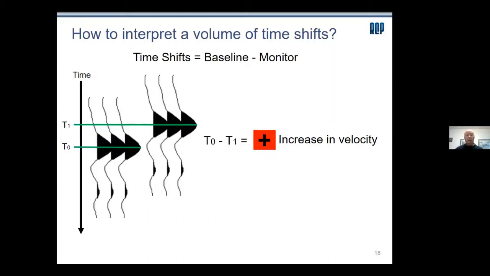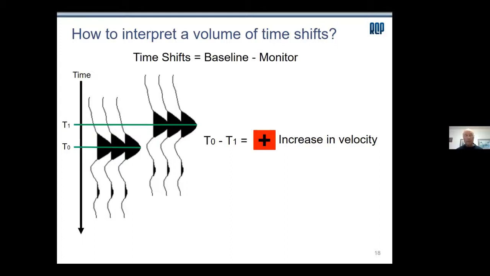So if we get a change from the original to the next survey that's shifted upwards in time, or a shorter time interval, or smaller time interval, we will call that an increase in velocity. What that means is that pressurizing the well lifts up the overburden, or compacts it, I should say, and increases the interval velocity above the reservoir.